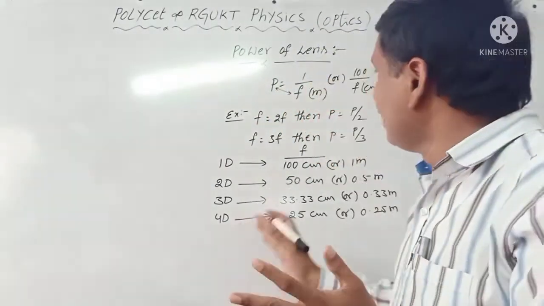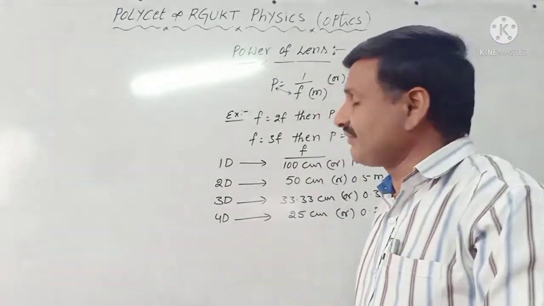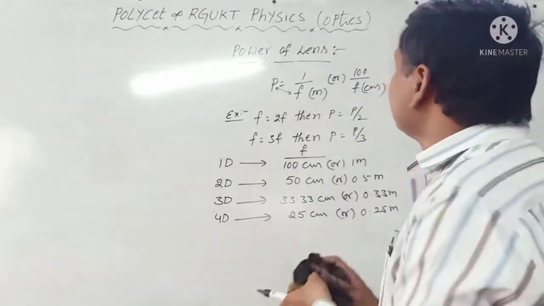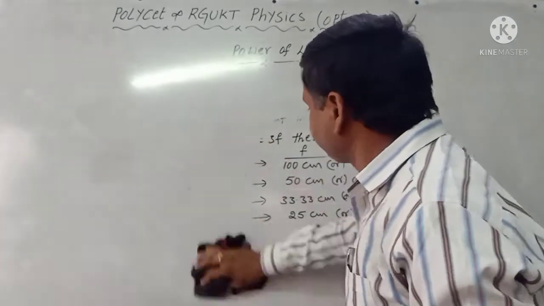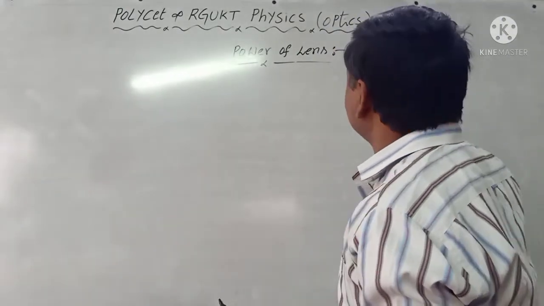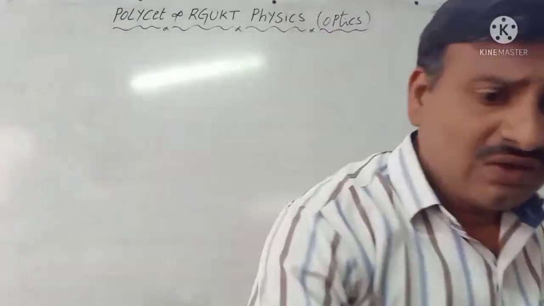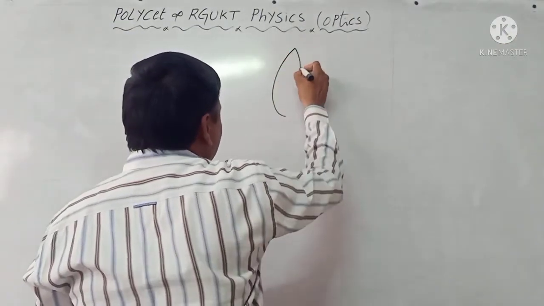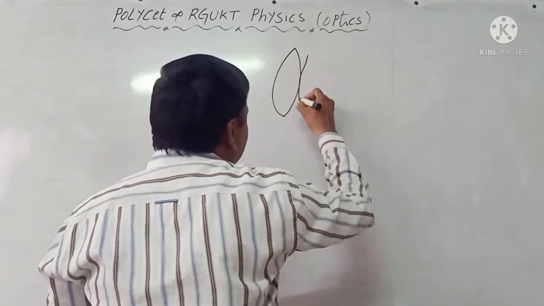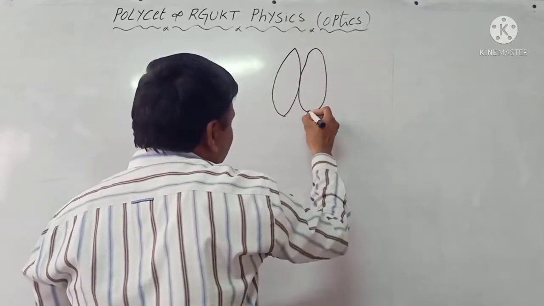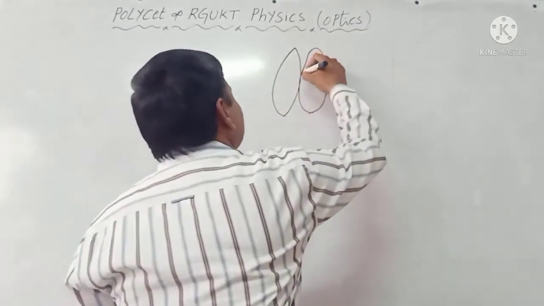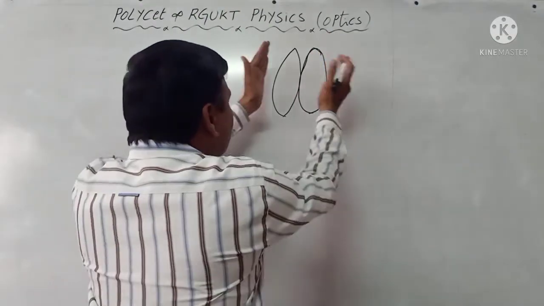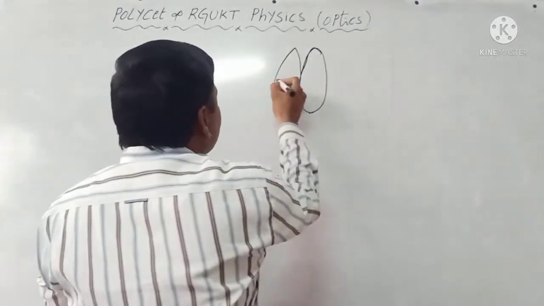After power of lens, we discuss the combining power. What is the combining power? For example, here are two convex lenses in contact with each other.